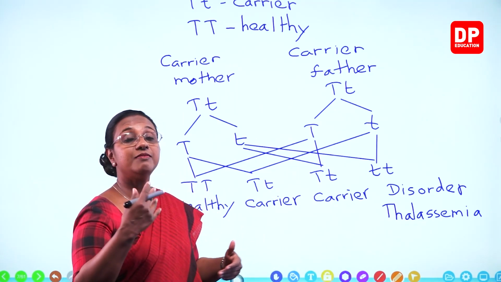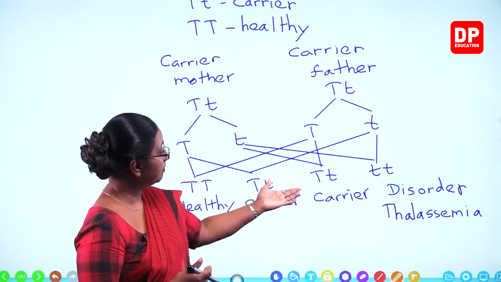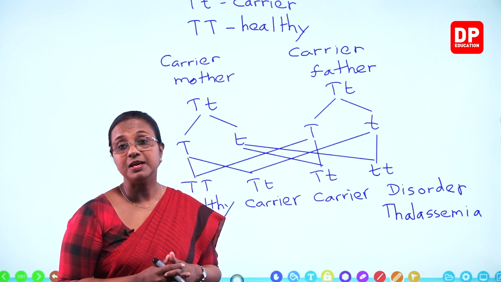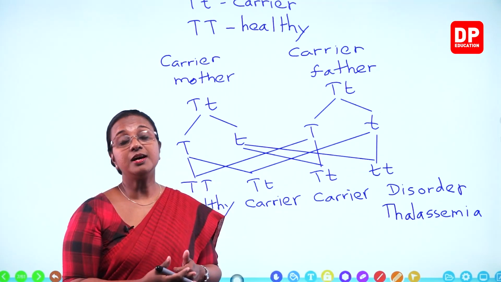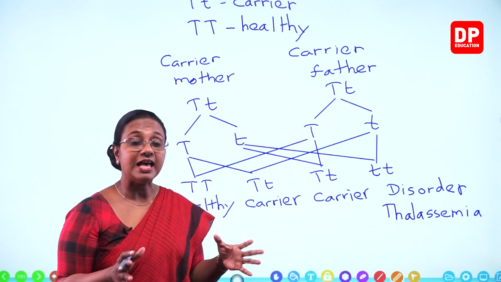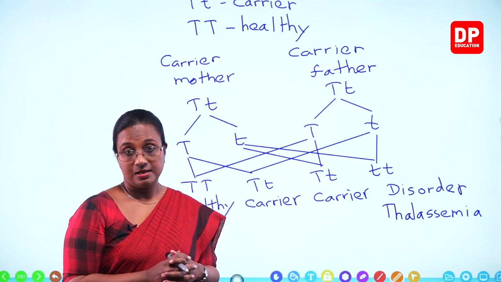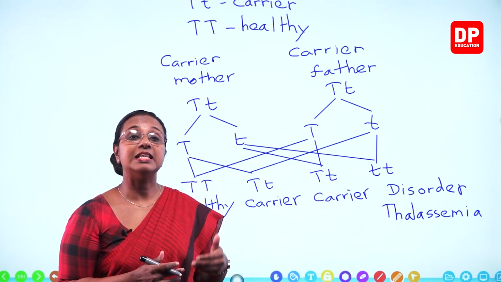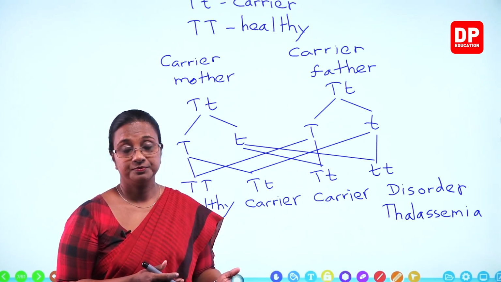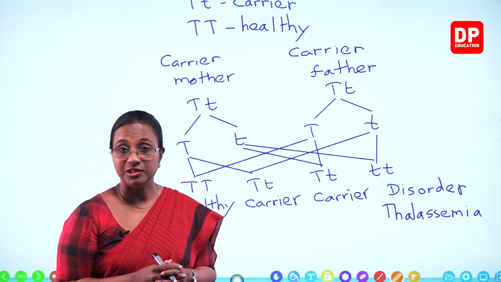So then again, if there is a marriage between maybe a person with thalassemia and a carrier, then also there are chances. So like that, if there is marriage between blood relatives, there is more possibility that the disease will occur. So that is what you need to remember.